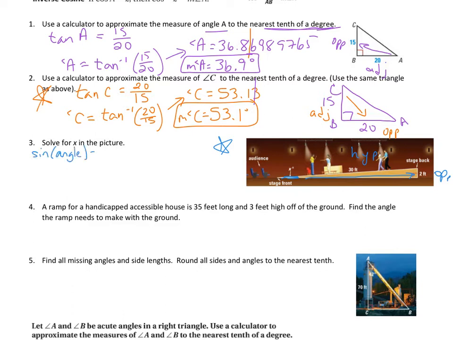So that's the one you should have chosen. So when we have opposite over hypotenuse, let's go ahead and fill that in. So sine of our angle, which is our X, opposite is 2 in our picture, and the hypotenuse is a 30. So when you type in your calculator, you have to type in the inverse of sine, and it's 2 over 30. And now I want you to tell me, what does that equal?